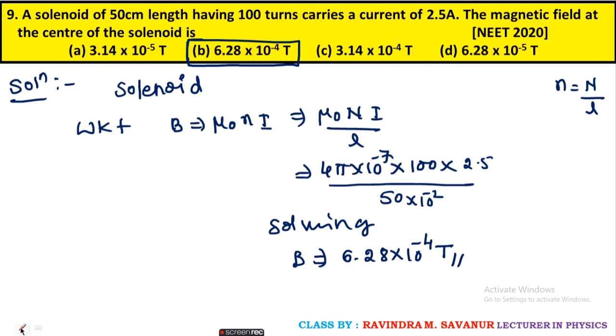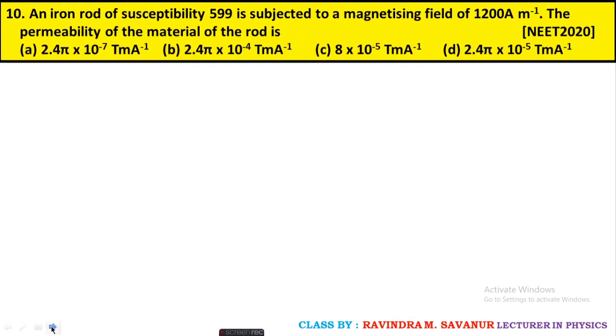Okay, shall I move to the next question? Question number 10. An iron rod whose susceptibility is 599 is subjected to a magnetizing field around 1200 ampere per meter.